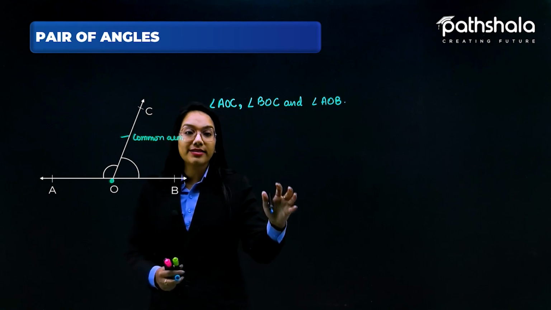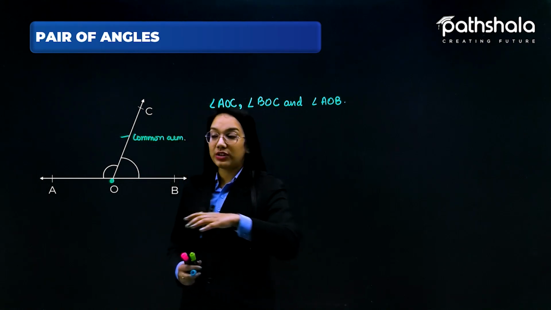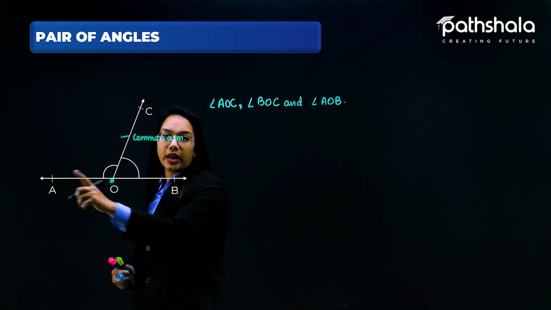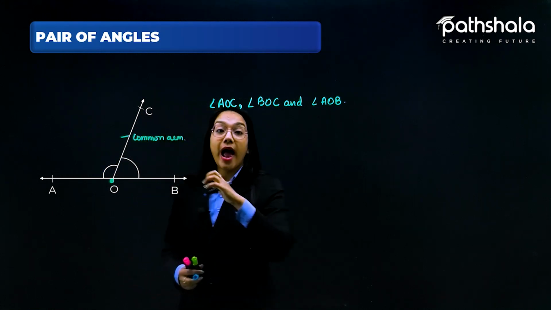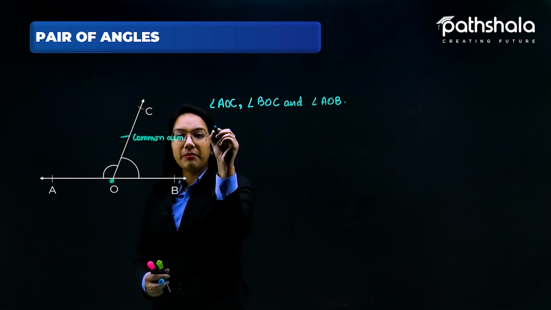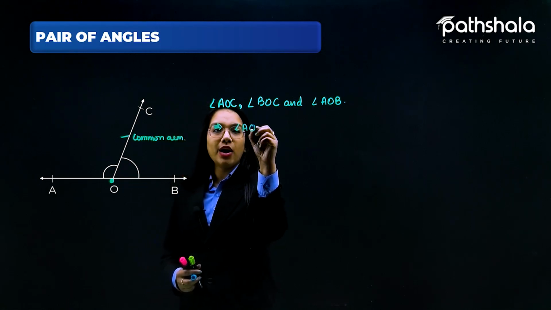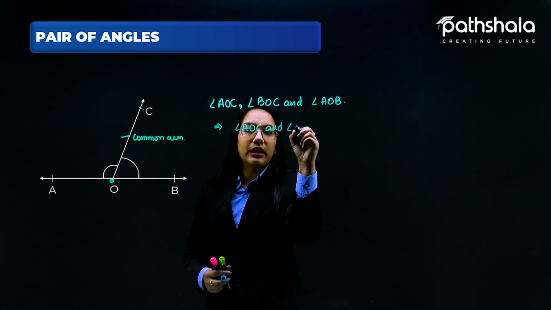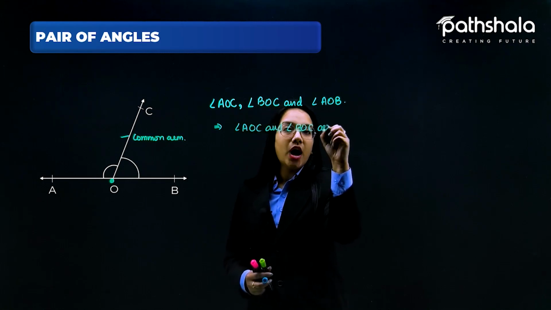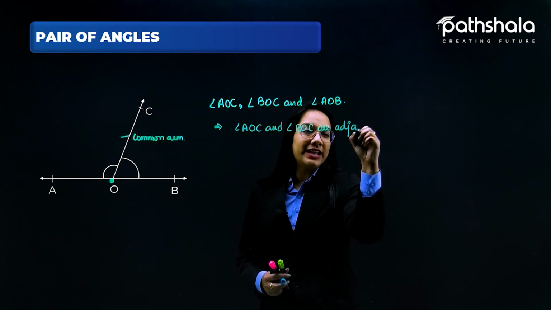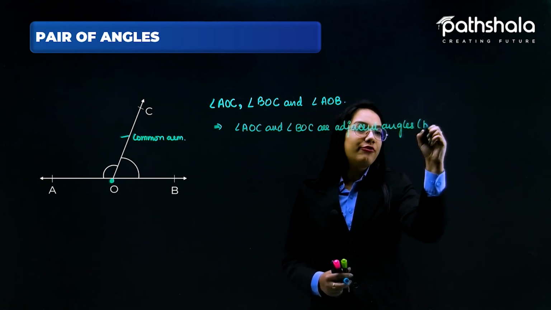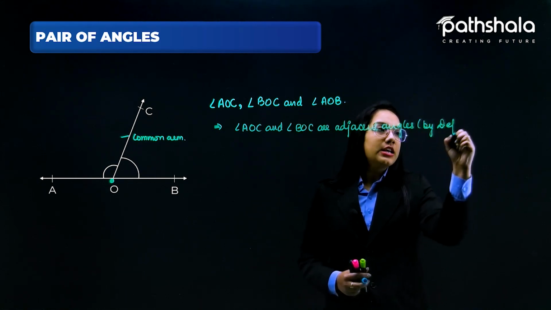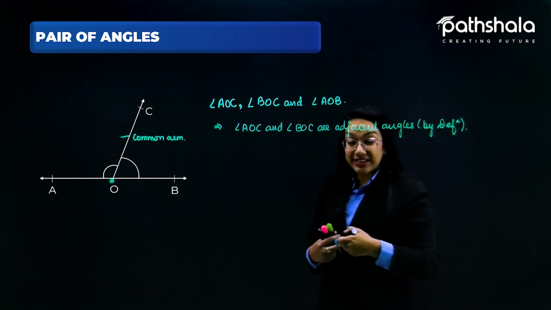Such two angles are called adjacent angles. So angle AOC and angle BOC are adjacent angles by the definition of adjacent angles.